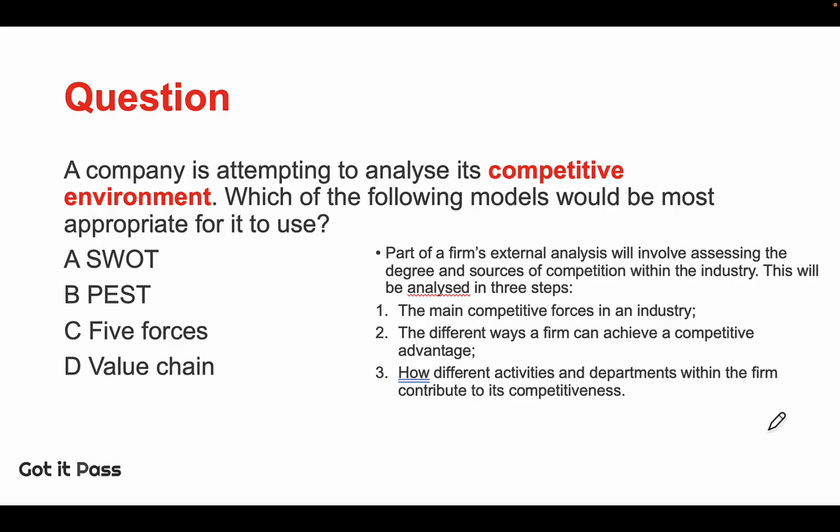And third is how different activities and departments within the firm contribute to its competitiveness. So I do believe that the answer to the question is what we discussed in the class. So you can pick the correct answer based on our discussion in this class.